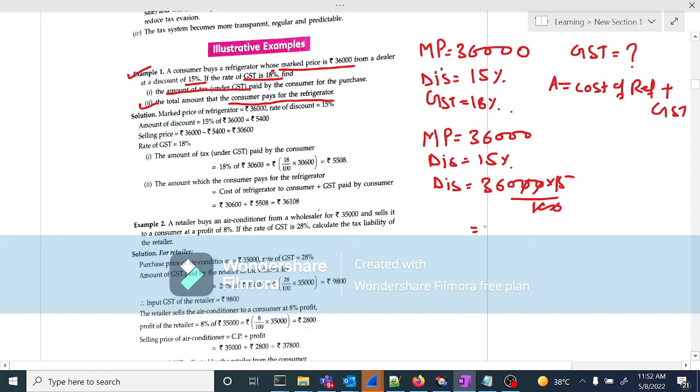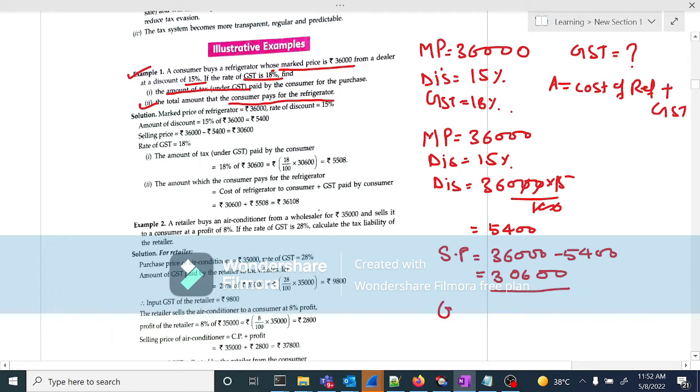So it will be 5,400. So my selling price will be how much? 36,000 minus 5,400, it will be 30,600. Clear? So this is my selling price.